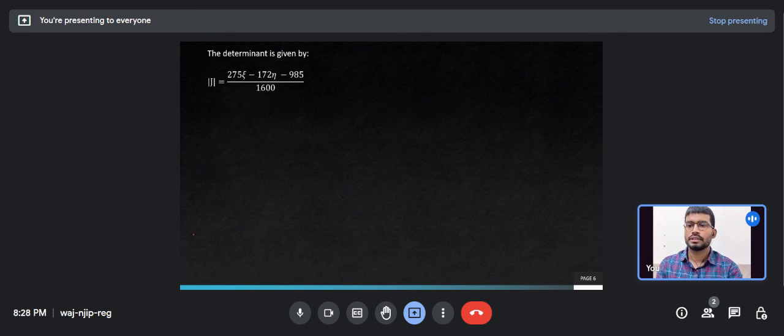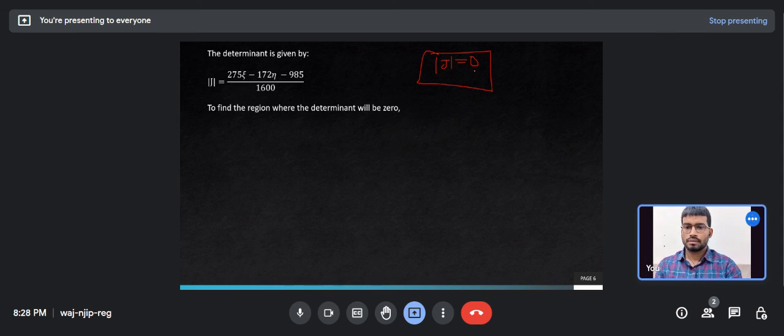Right? So the determinant of Jacobian matrix is, so the first element is 275 eta minus 175 zeta minus 95 divided by 1600, right? And to find out whether this determinant of Jacobian matrix is zero within the element or not, we will substitute this 0 and we will determine the region where this Jacobian matrix is 0. For that we will substitute this determinant equal to 0.